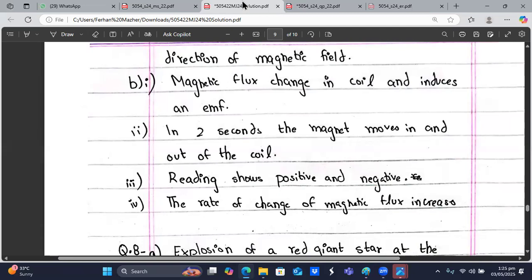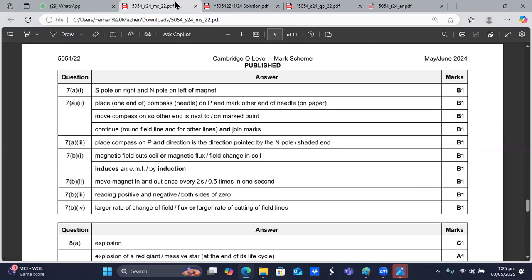If your frequency is 0.50 hertz, you reciprocate it, the time period is equal to 1 by f. So 1 divided by 0.50 hertz will be 2 seconds. So in 2 seconds, the magnet moves in and out of the coil. Okay. So move the magnet in and out every 2 seconds, or 0.5 times in 1 second.